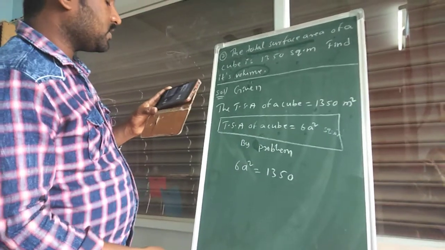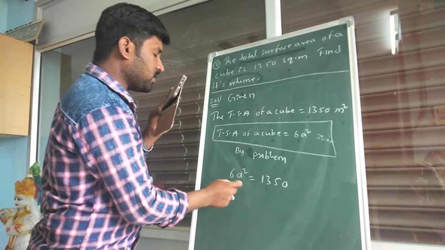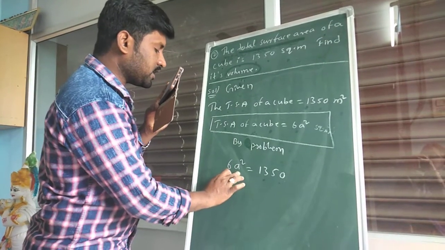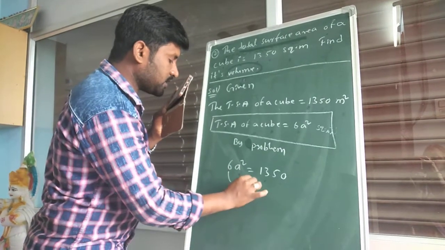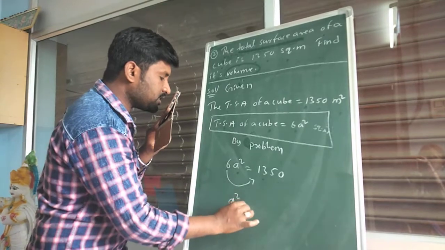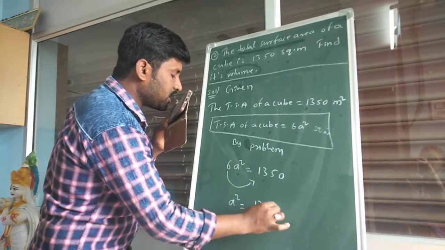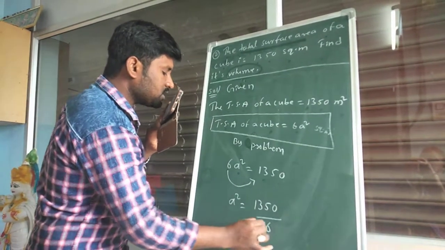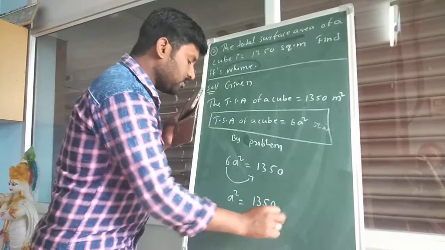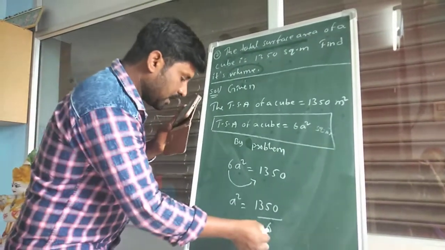This is given, and this is the formula. Now 6a square means 6 into a square, I am transposing 6 to the RHS side. Then a square is equal to 1350 by 6. Now I am cancelling with the 6 table.